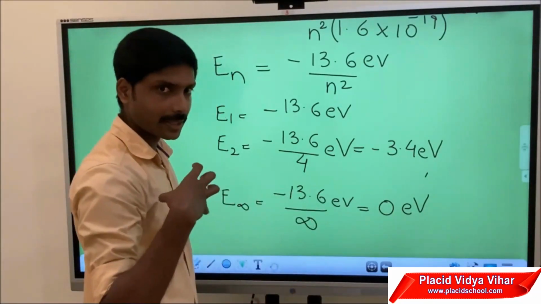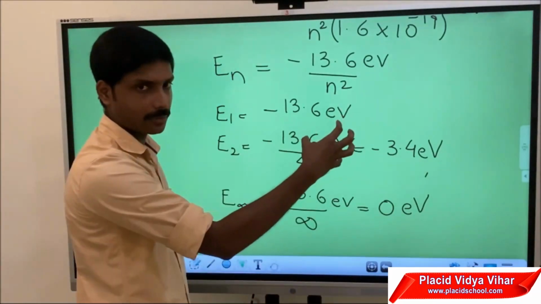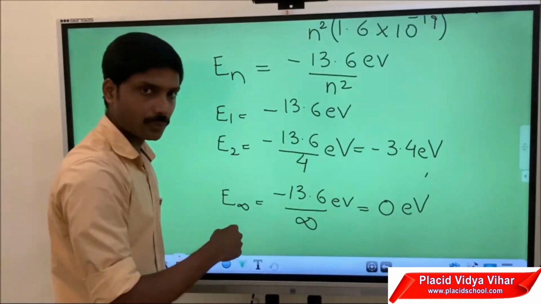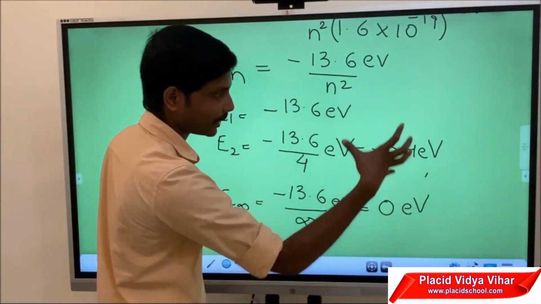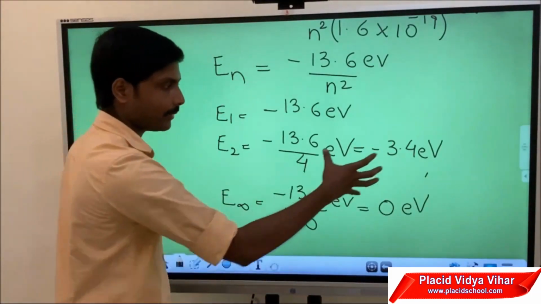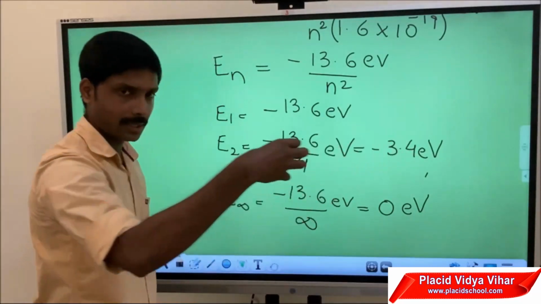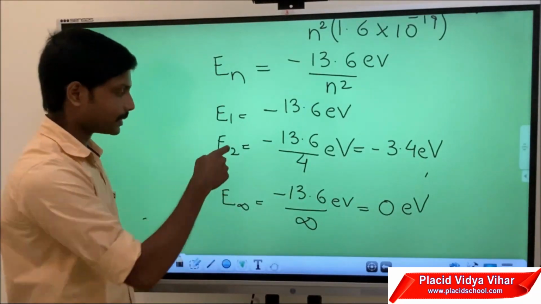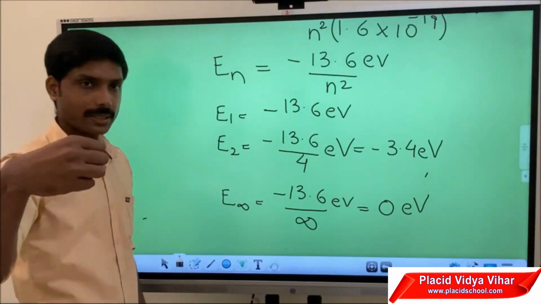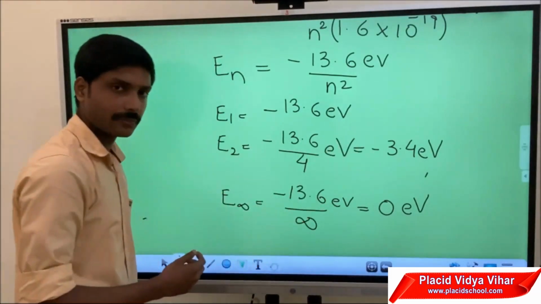When we supply the energy, it has a positive value, plus 3.4, and that cancels the minus 3.4, and hence we can bring that electron out of the second orbit. This is the physical significance of this.